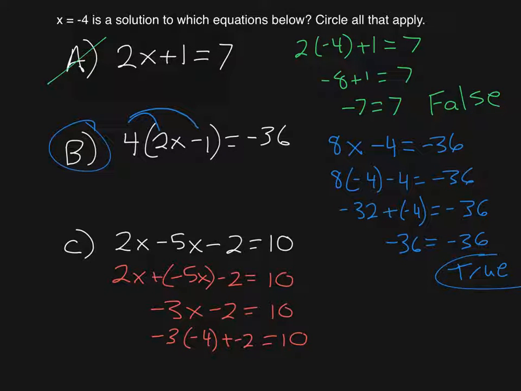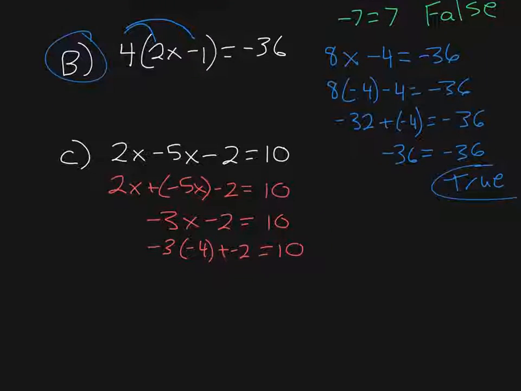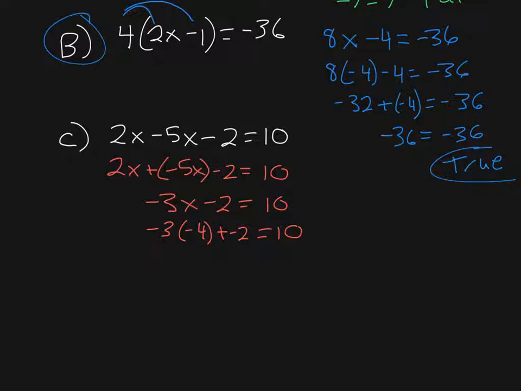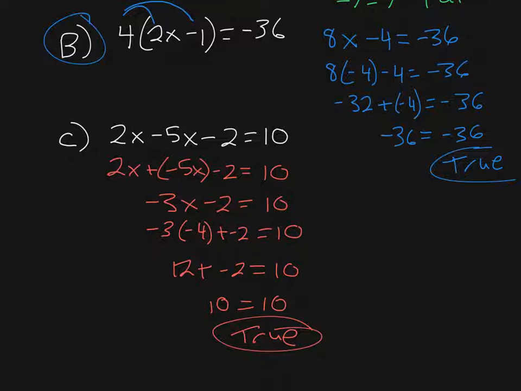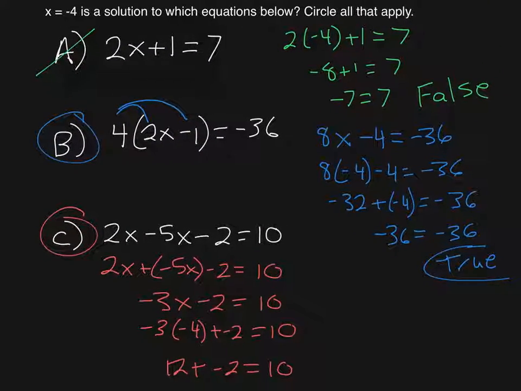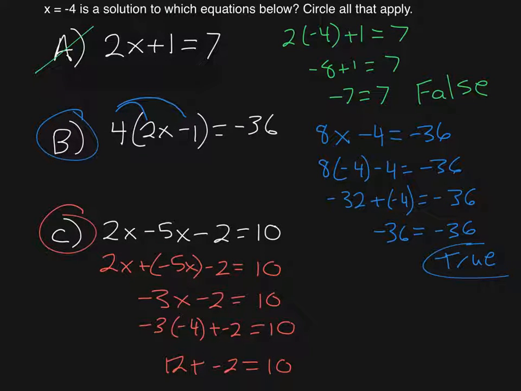Those are the same thing. Now I can do my multiplication, which gives me 12 plus negative 2 equals 10. 12 plus negative 2 is 10, so we have another true statement, which means negative 4 was a solution for this option. So looking back at the original question, x equals negative 4 was a solution for B and for C, two equations.